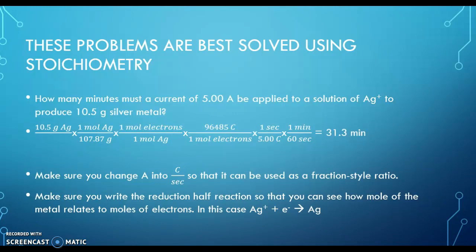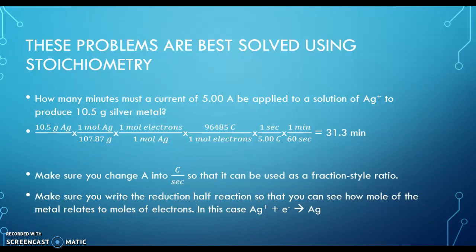How many minutes must a current of 5 amps be applied to a solution of silver plus 1 ion to produce 10.5 grams of silver metal? So I start with my mass of 10.5 grams. I use the molar mass of silver to get the moles of silver.